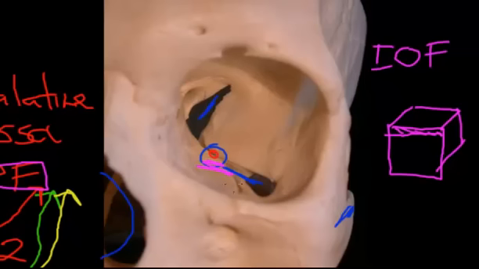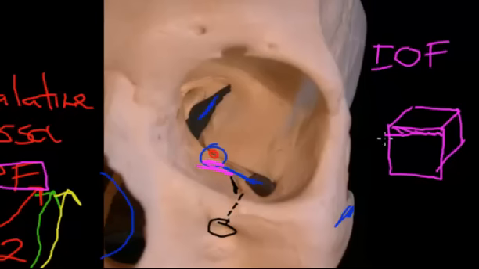Can you see this groove just running through here, down there, and then this foramen just here? In fact that groove dives through the bone here and comes out sort of like that.